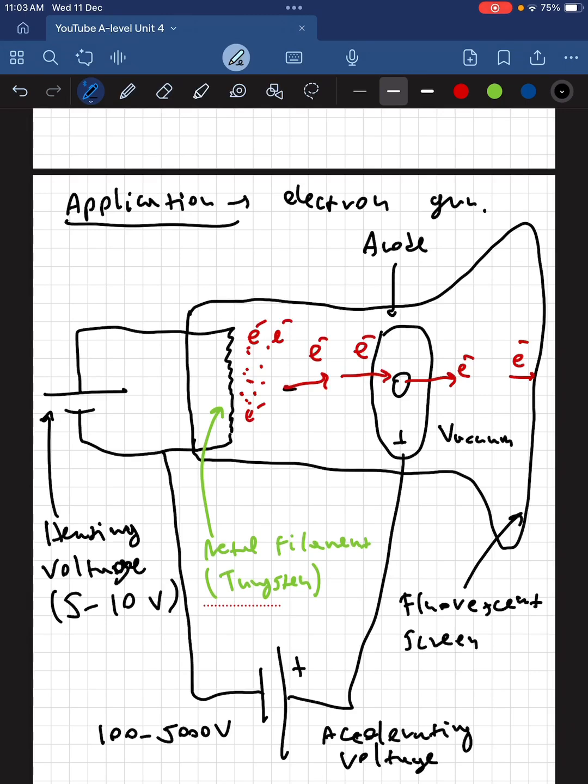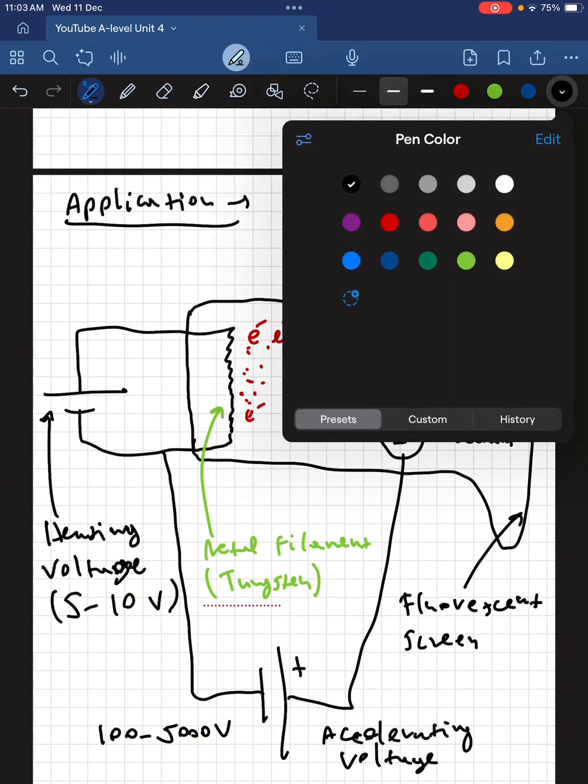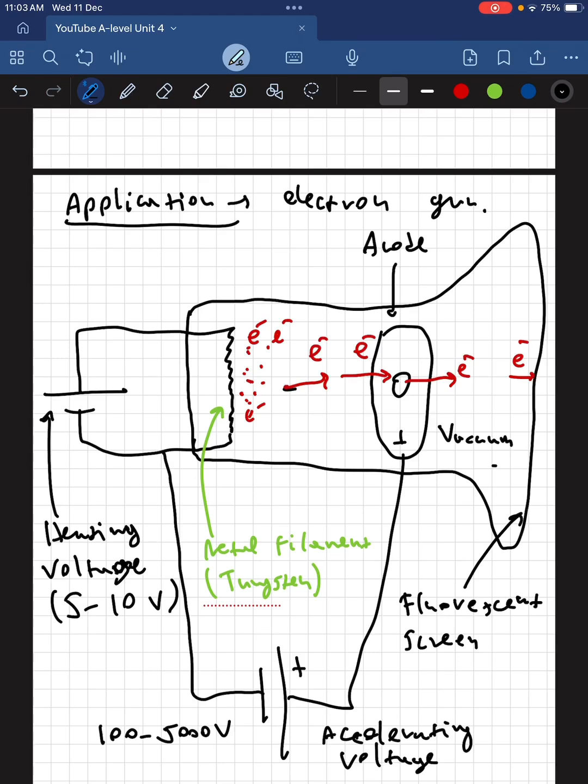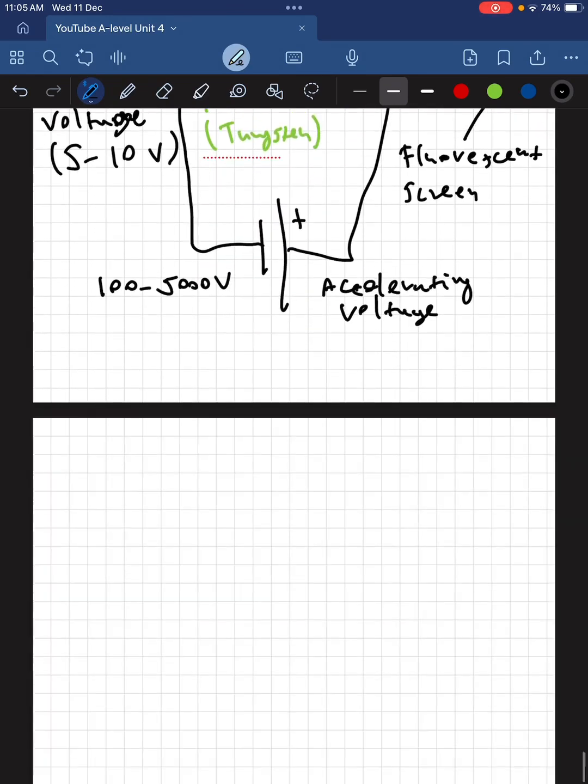Otherwise, the electrons will stop, okay? And this hole in the anode is large enough so that electron diffraction phenomena are not observed. So let me write this here.